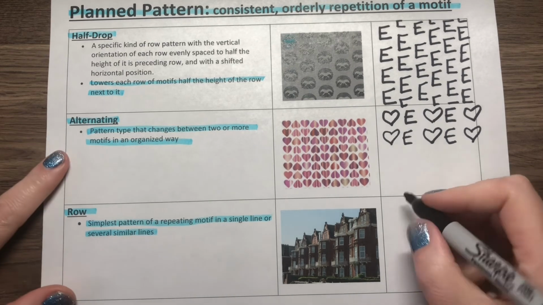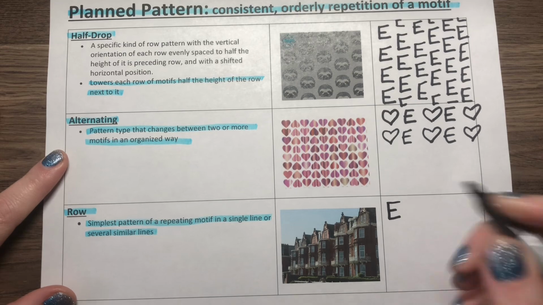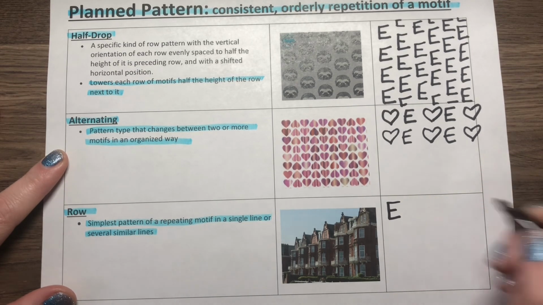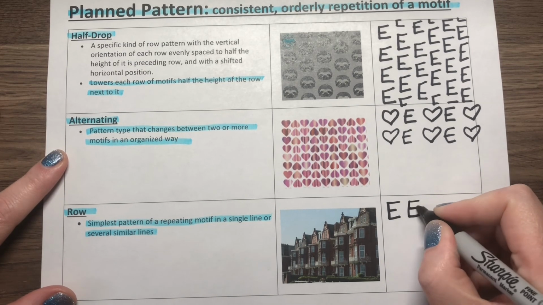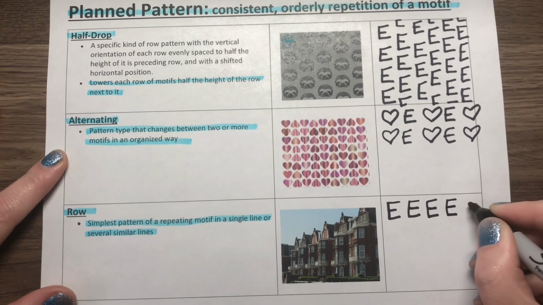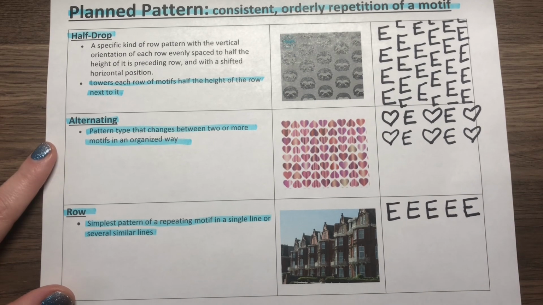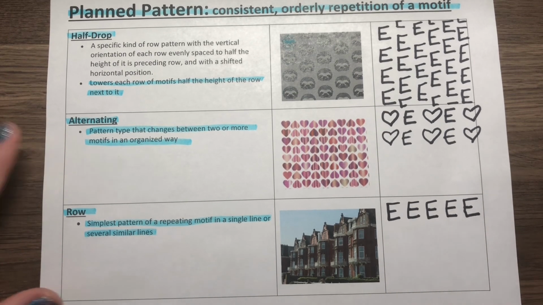This one's usually the easiest one to figure out because you take your motif, so if I'm doing an E, you take your motif and you just keep on going. So this one's like a regular pattern. It's very consistent. You could tell me what's going to come next, and there you go. So there's my row pattern.